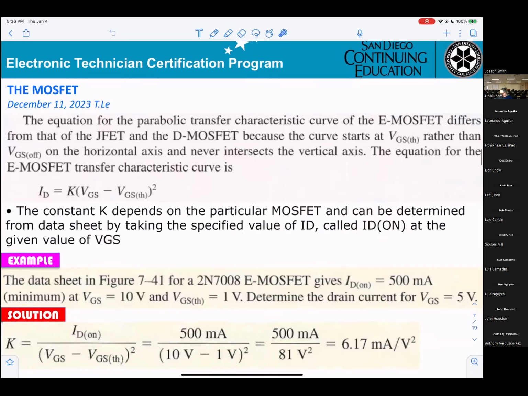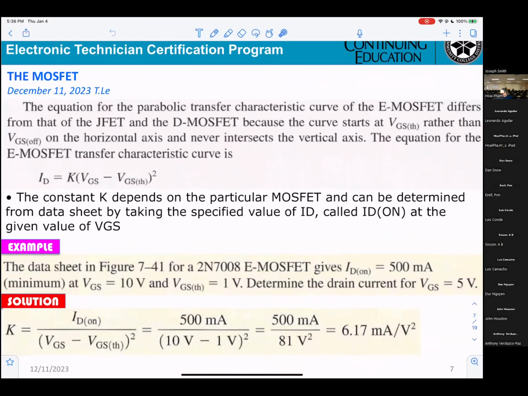And now they're giving you an example here. The data sheet for this MOSFET gives ID on. You see that? They already gave you 500 milliamp minimum at VGS 10 volt, and VGS TH they gave you 1 volt. They want to know the drain current for VGS at 5 volts.